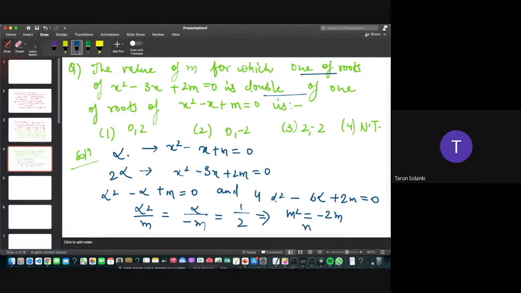So m will be 0 and the other one will be minus 2. So second will be our answer. These are actually very easy problems. Okay, so once you go through the notes or the previous recorded lecture, you will find all this easy.